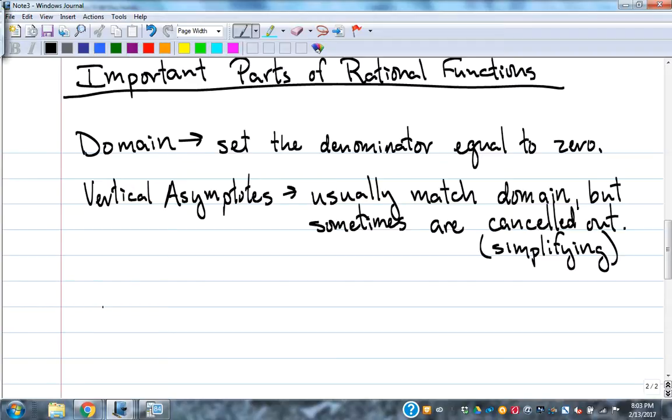Okay. The next thing that we could have is a horizontal asymptote.